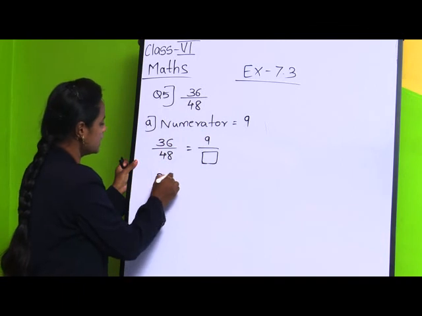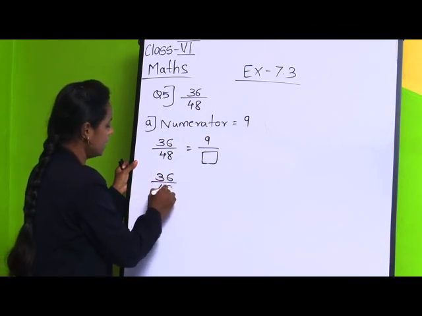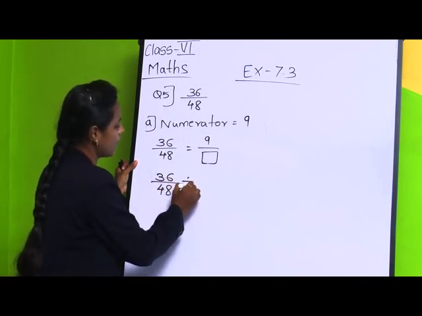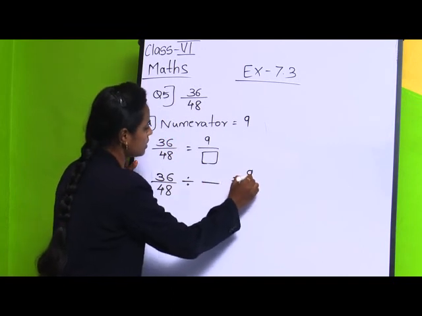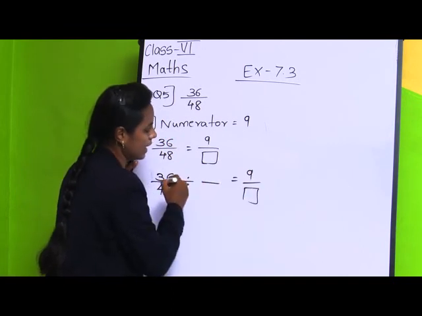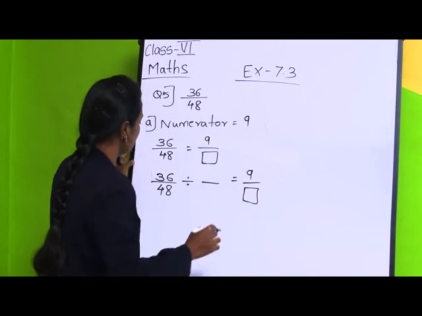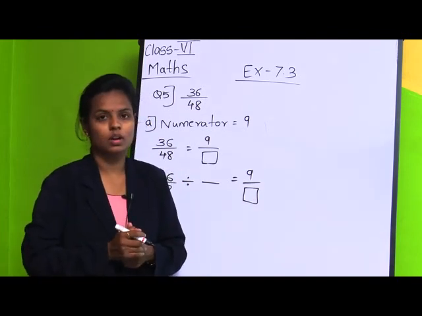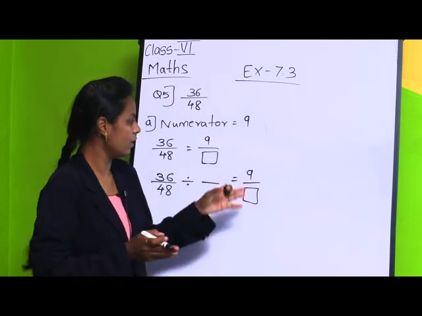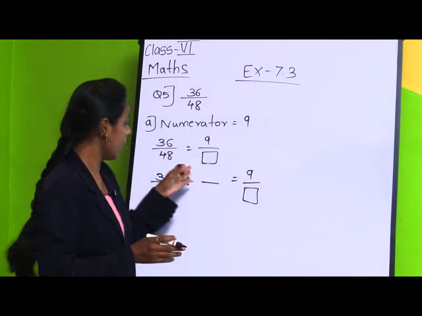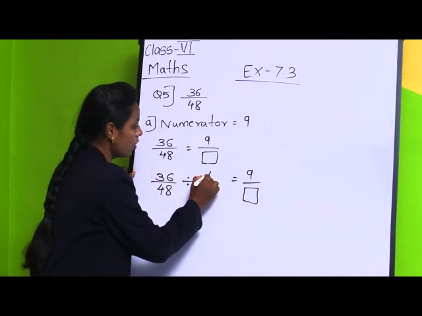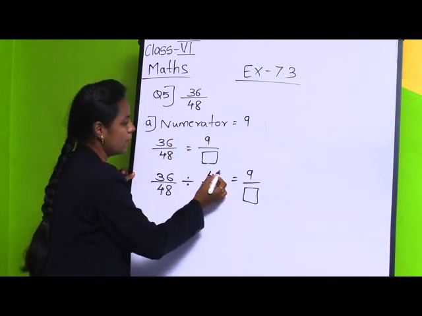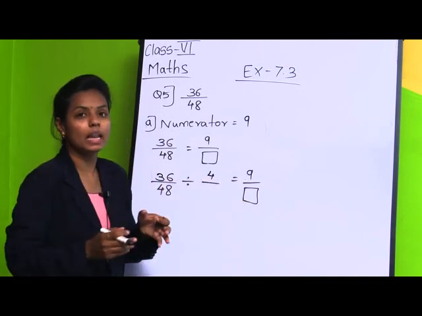36 by 48 divided by which number gives the numerator 9? As you know, in 9's table we have 36. So, 36 divided by 4 is equal to 9.